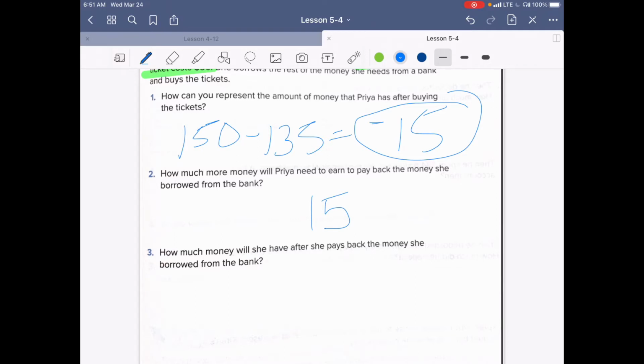Number 3, how much money will she have after she pays back the money she borrowed from the bank? If she borrowed $15, we would represent that as negative 15 plus the 15 she earned back. Those two would cancel each other out, and she would have $0.